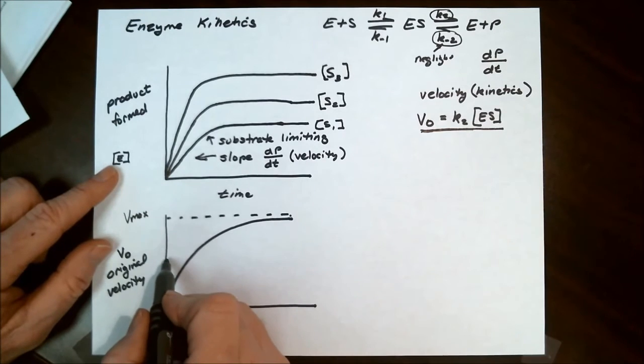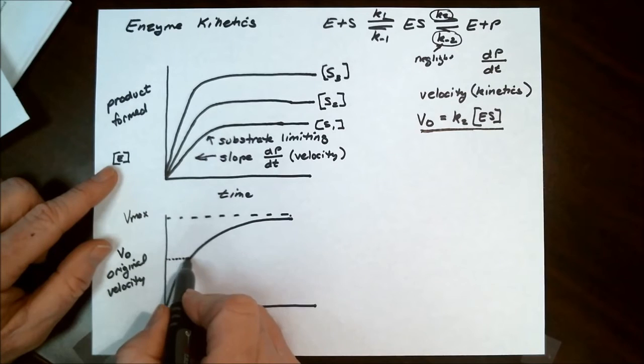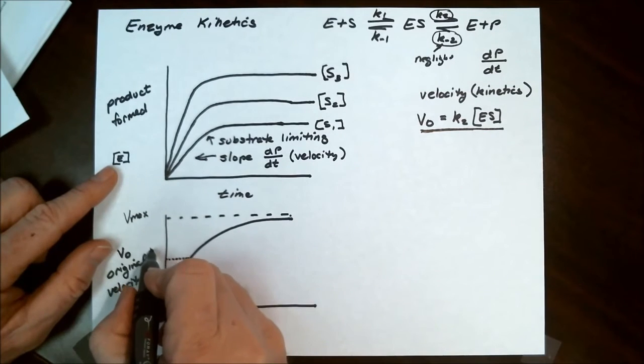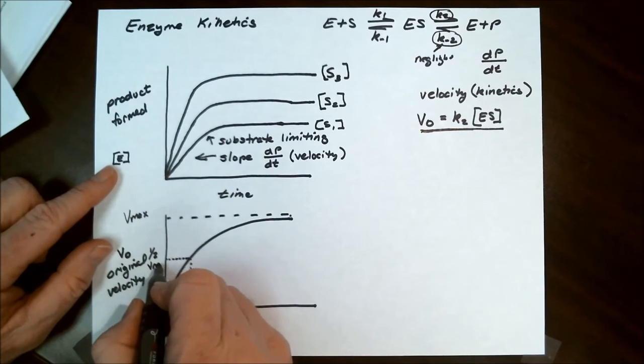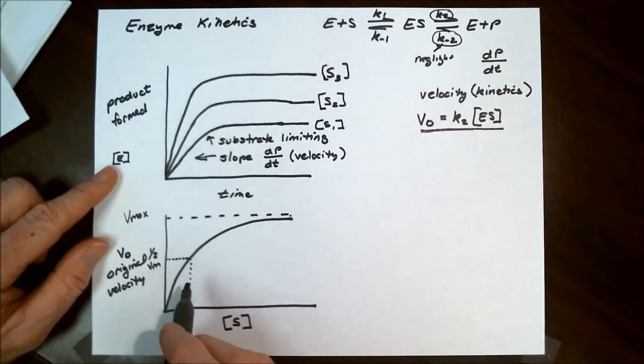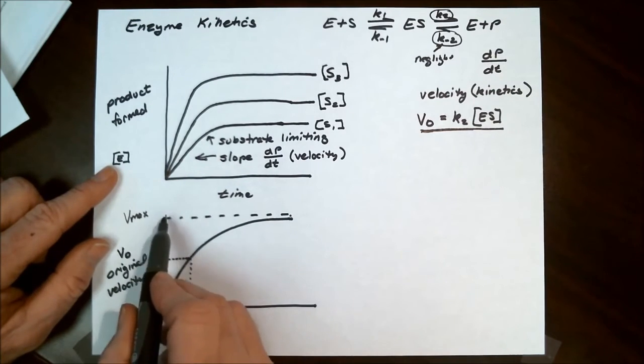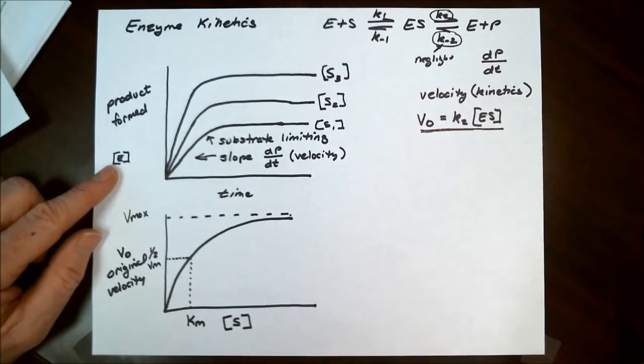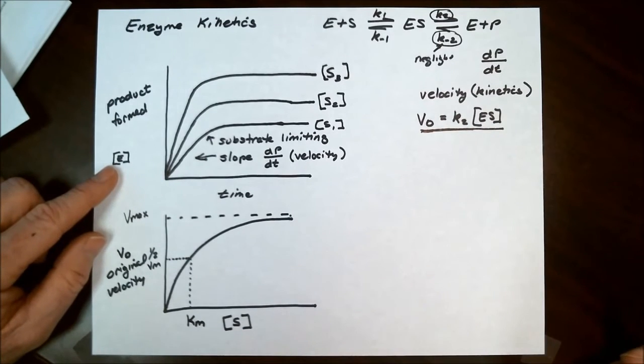The other important piece of information is this point, which is 1/2 Vmax. If we take 1/2 Vmax, draw it over to the line, and drop a line down, we come up with a substrate concentration that defines Km.